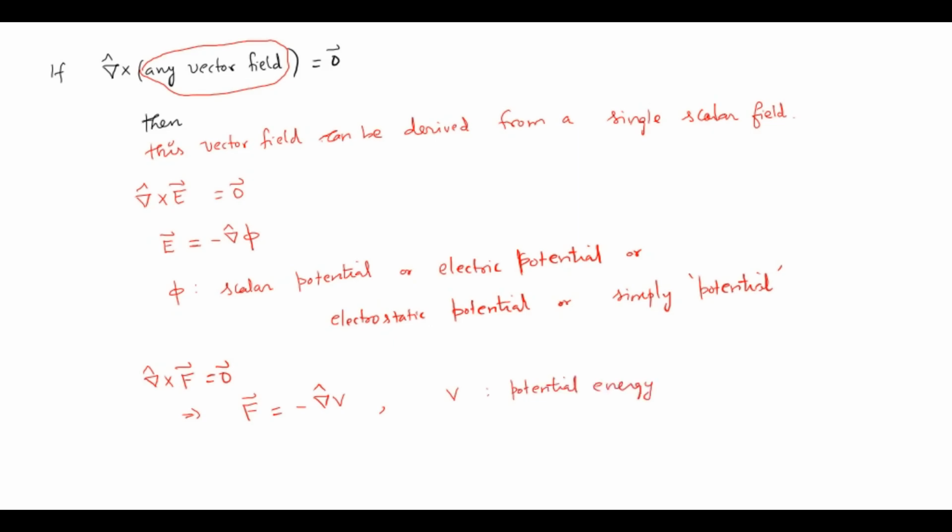So the force field can also be derived from a single scalar function, that is the potential energy. So the electric field is derived from a single scalar function called the electric potential, or potential, whereas the Coulomb force field can be derived from the potential energy, because if they are conservative, then they are irrotational.